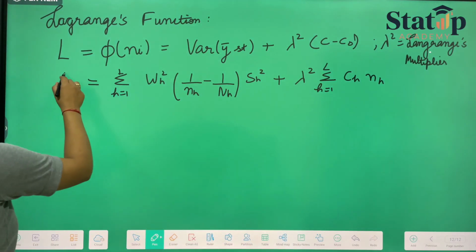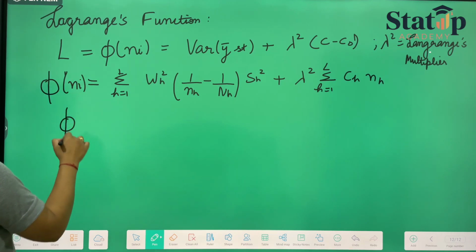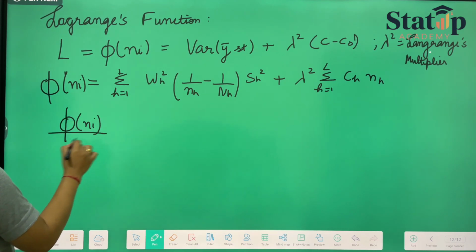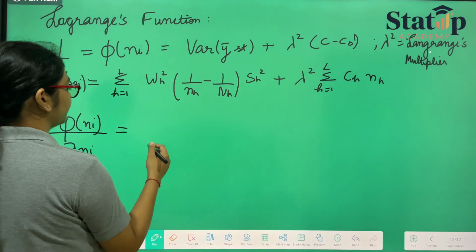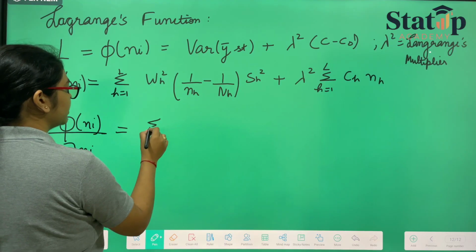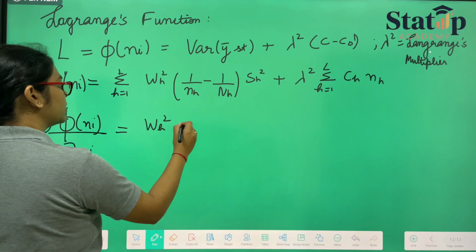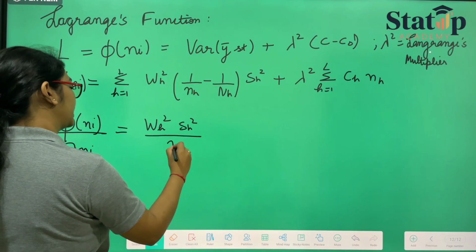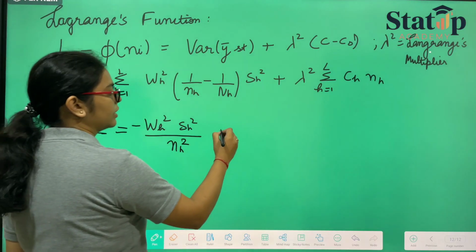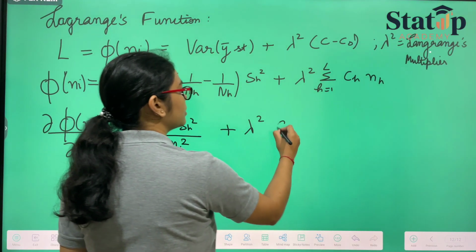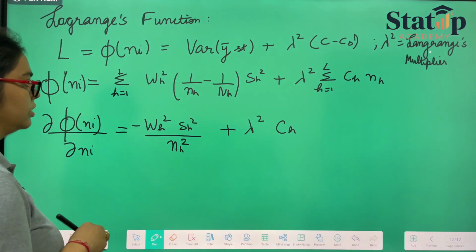Now we will differentiate it with respect to nh. So if we differentiate it with respect to nh, we will get Wh square Sh square upon nh square with a minus sign plus lambda square Ch. This is the thing.